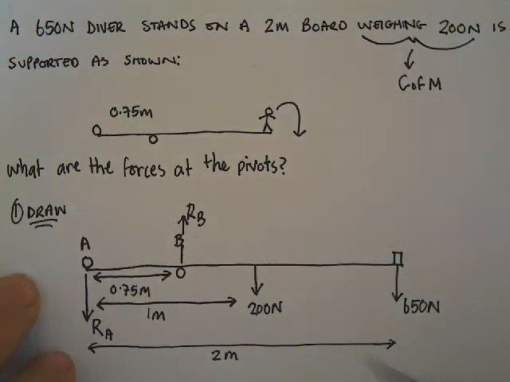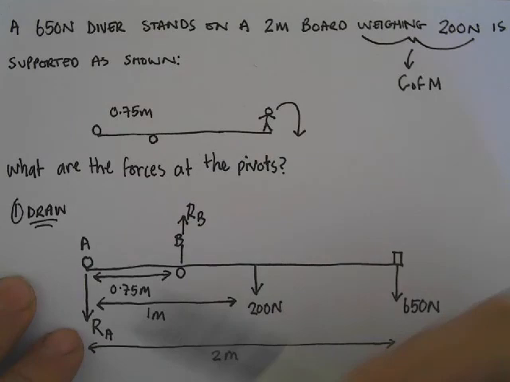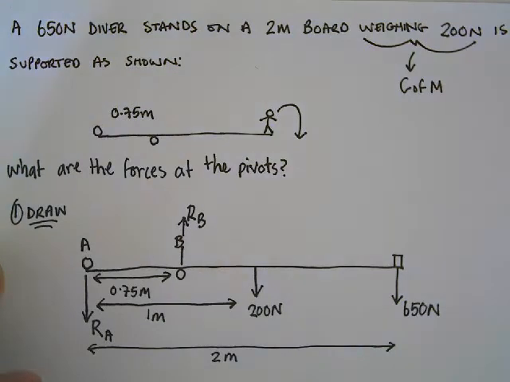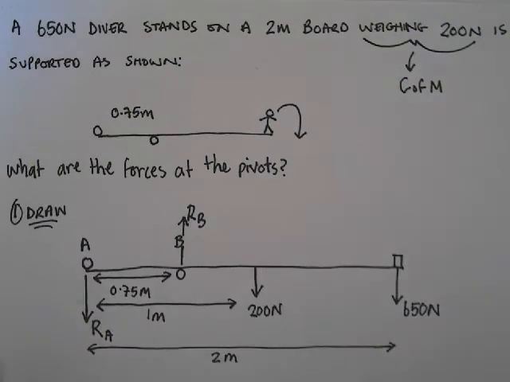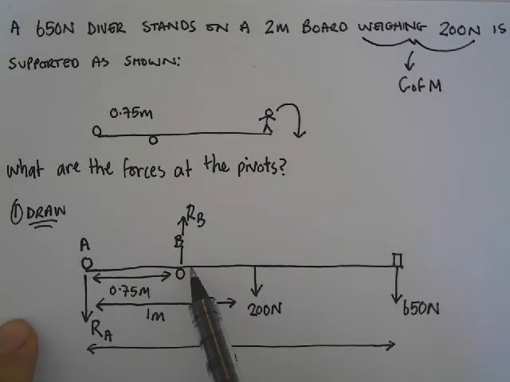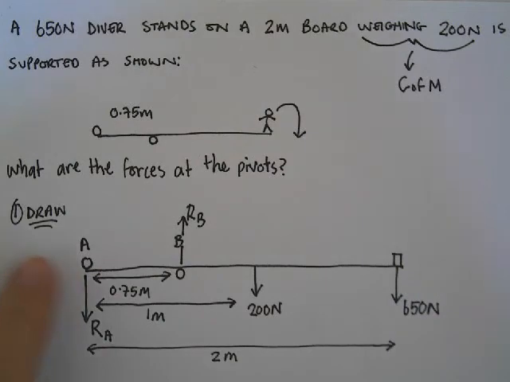So that's all of the information we've got, and we've got two unknowns, RA and RB. And we want to find out one of those. So probably the best thing to do is to decide where we're going to take moments from. We can take moments about point A or about point B. I'm just going to go with about point A.